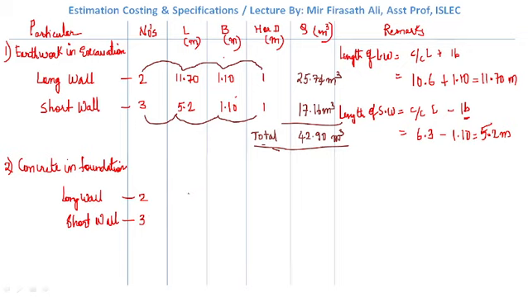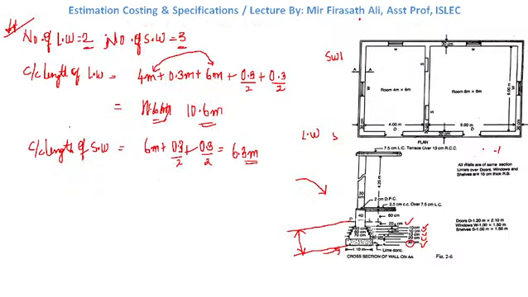Length will be the similar one, 11.70, as the breadth of the concrete foundation is the same as the excavation. The breadth of concrete, as you can see over here, this is the depth of the excavation. This part we are focusing on now.